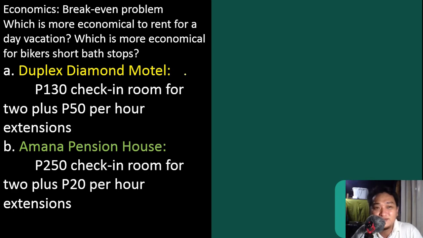Ngayon, ang tanong, alin sa dalawang ito yung mas mura para dun sa bakasyonista? At alin naman sa dalawang motels na to or pension house yung mas mura naman para dun sa mga nagbabike na ang intention lang is maligo lang saglit tapos alis agad? Sige, subukan natin.